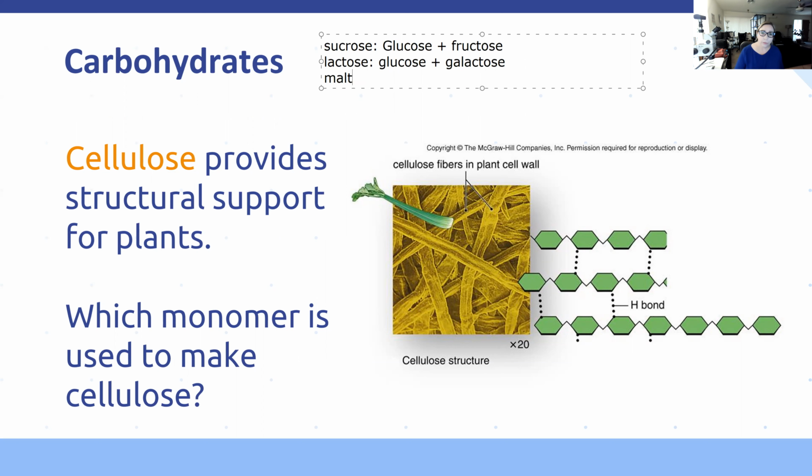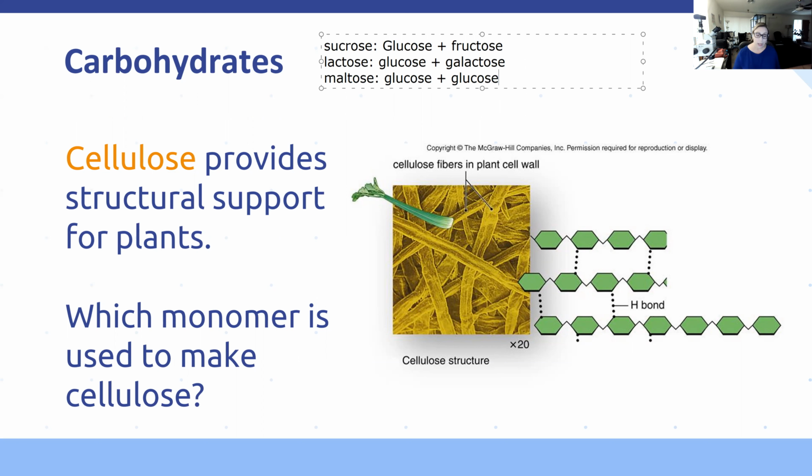And then finally, we have maltose, which is glucose plus glucose. So if I ask you a question about what makes up one of these disaccharides, you should know that glucose is a component of all three.